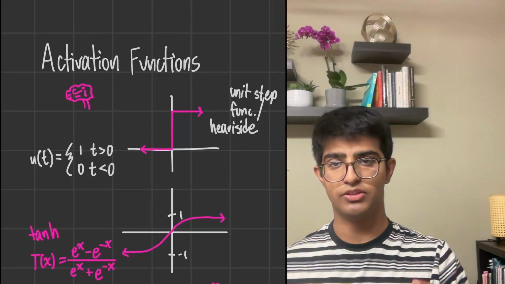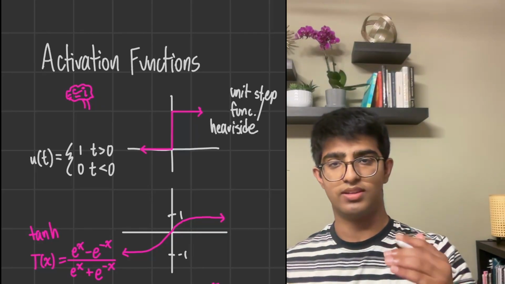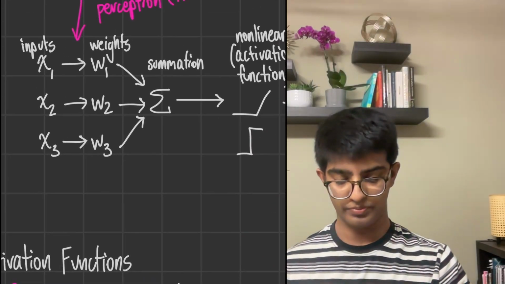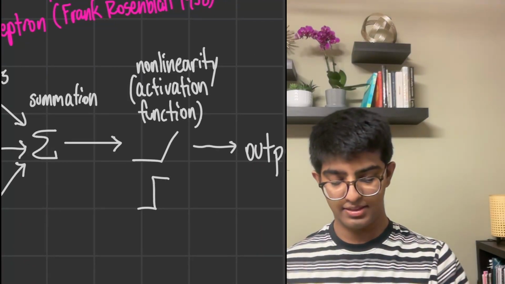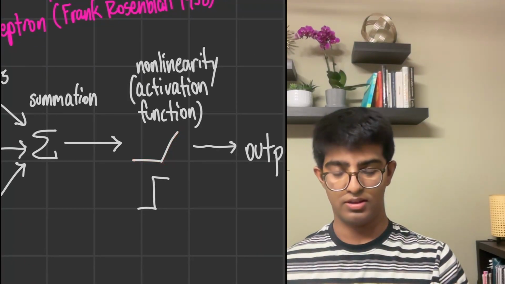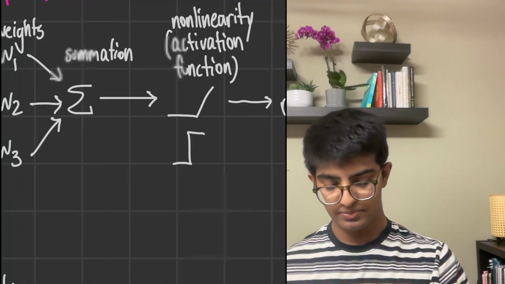What activation functions do is, if the output of a neuron, if the summation, is a specific value, we take that value and pass it through an activation function. And if it is a certain value, then the neuron activates.